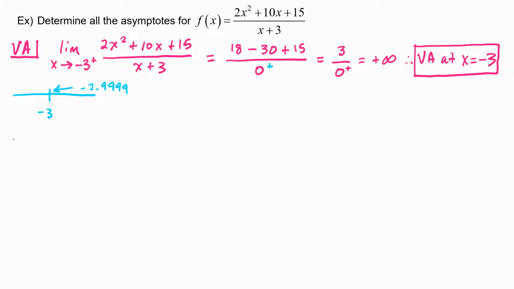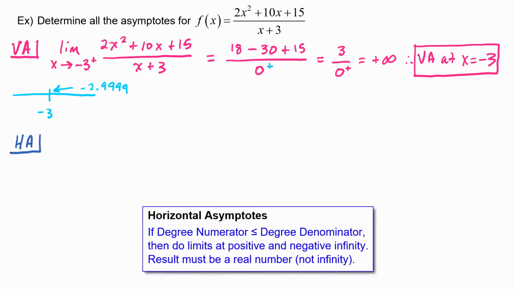Now for horizontal asymptotes, we look for the degree of the numerator to be less than or equal to the degree of the denominator. And if that happens, then we do the limits at positive infinity and negative infinity.